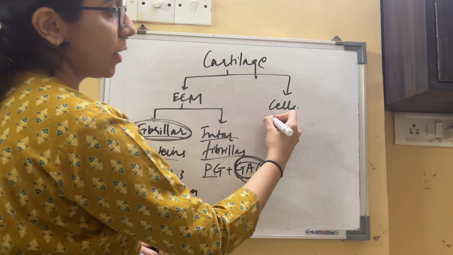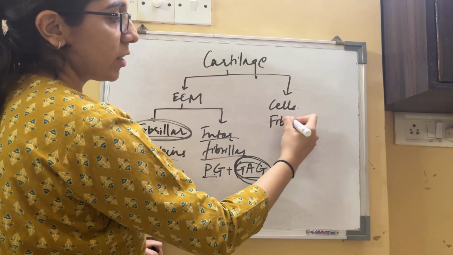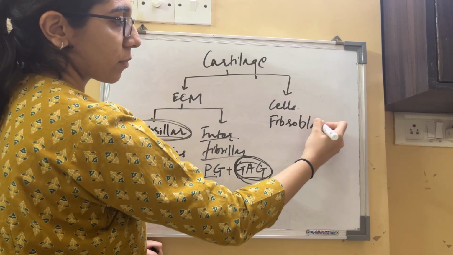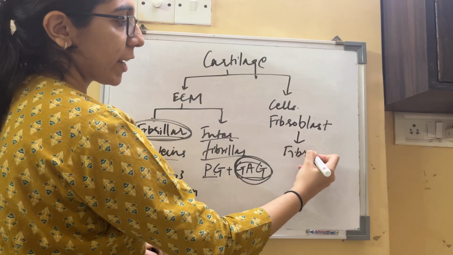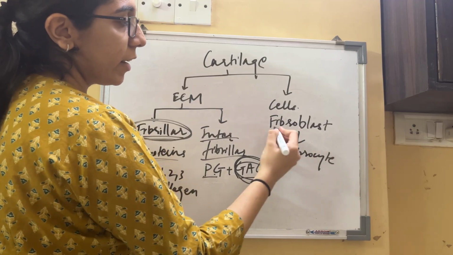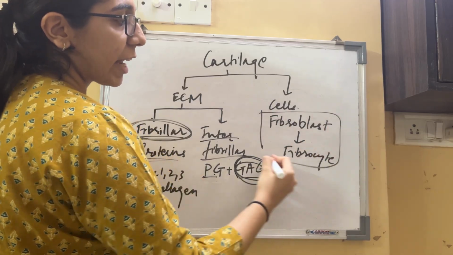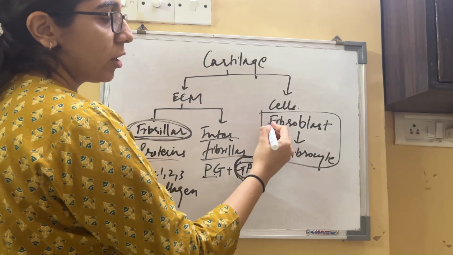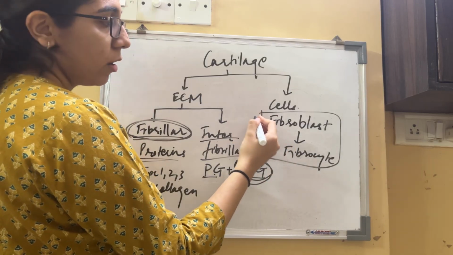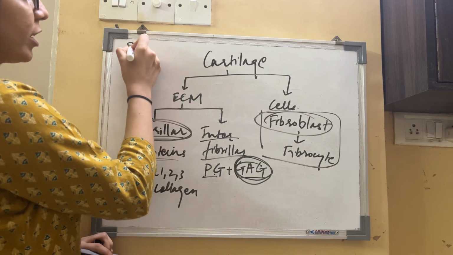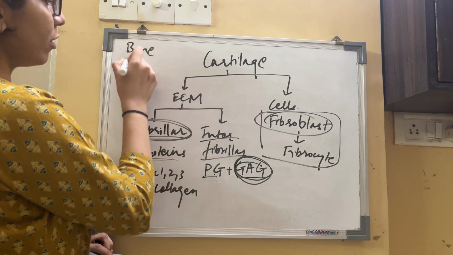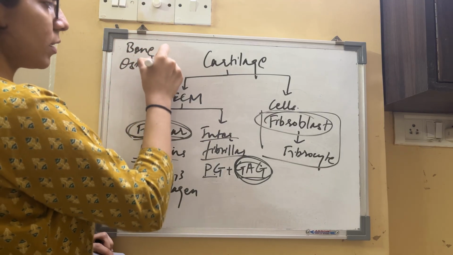Then cells, the basic cell that is present is fibroblast, which matures into fibrocyte. Again, depending upon the type of cartilage, the cell will be called as follows. So if it is bone, then the cell will be known as osteoblast.